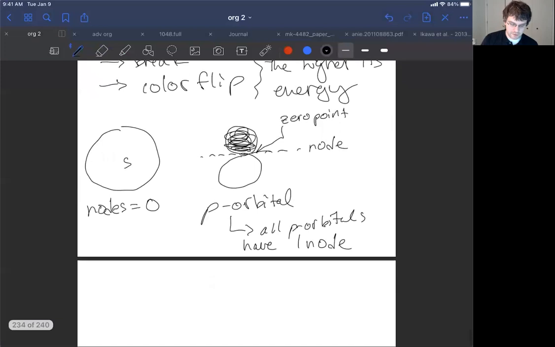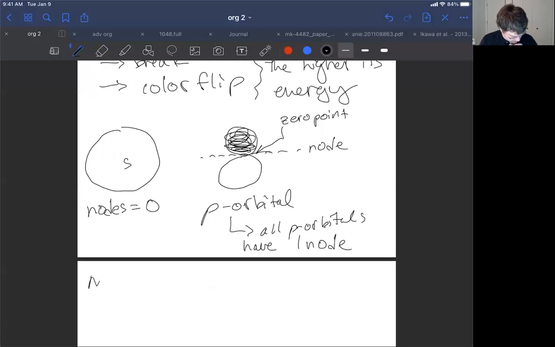Now, when we have a molecular orbital, excuse me, molecular orbitals can also have nodes.